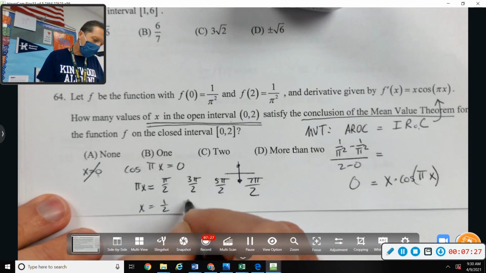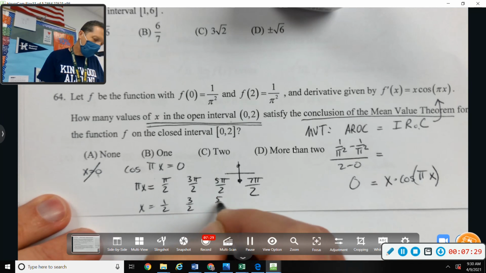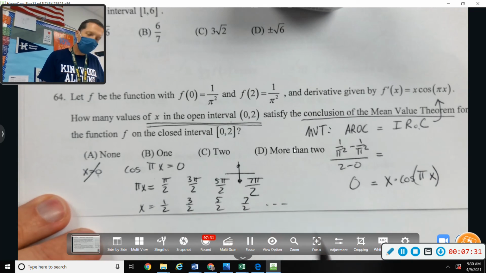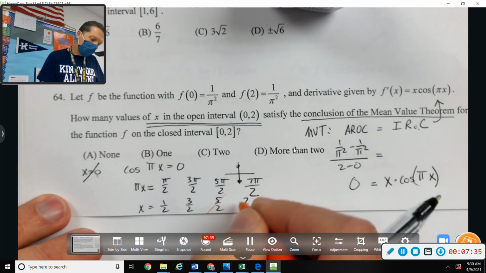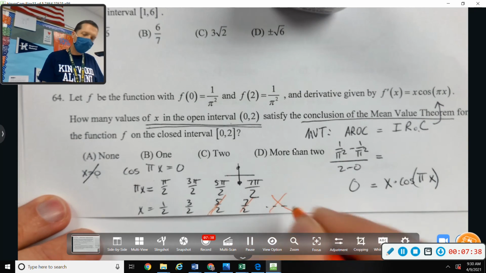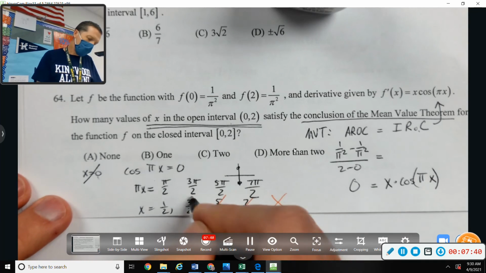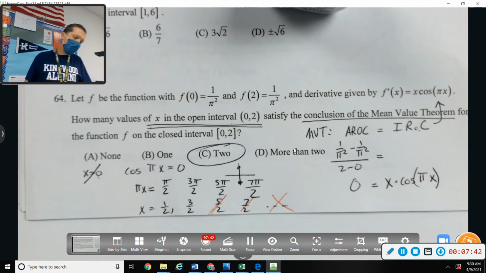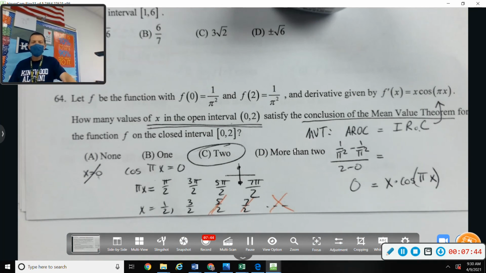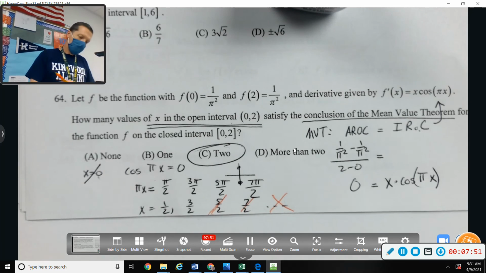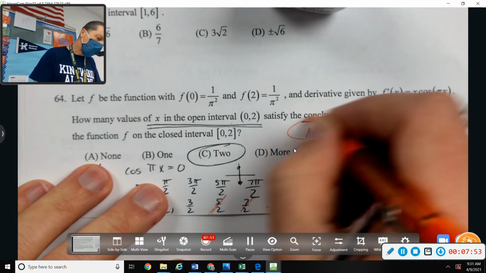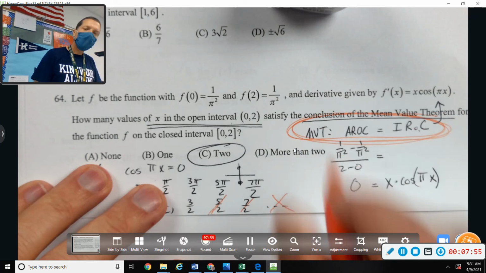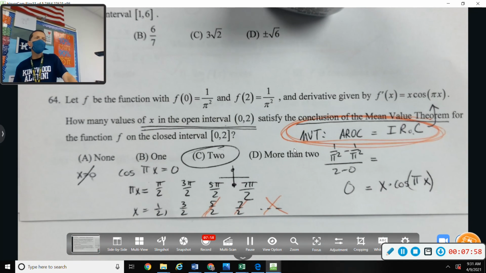We get 1/2 and 3/2, 5/2 and 7/2 and so on. But we only want from 0 to 2, so we can throw out 5/2 and 7/2 and anything beyond that. So 2 places. That was kind of a tricky one. But the big thing for MVT is that algebra slope equals calculus slope.